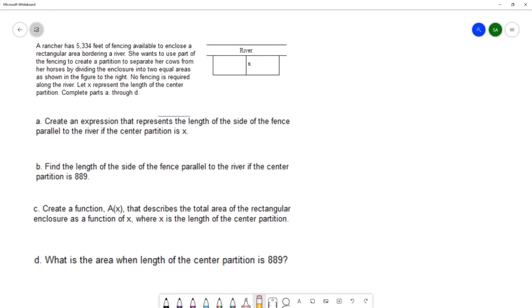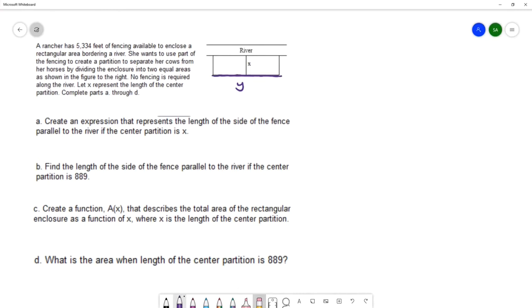It also says to let X be that center partition. And that's the variable that's going to be used throughout. Now we want to create an expression that represents the length of the side of the fence that's parallel to the river. So that's this part right here. The length of fence that's parallel to the river, let's call that Y.